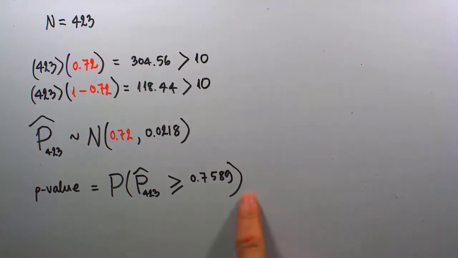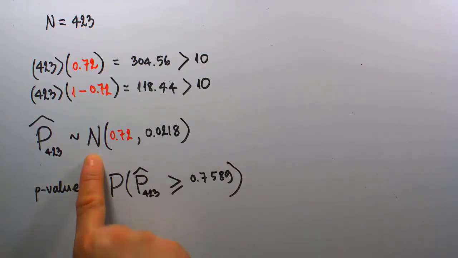And I will once again explain the reason why we're setting this up using the right-hand side probability.